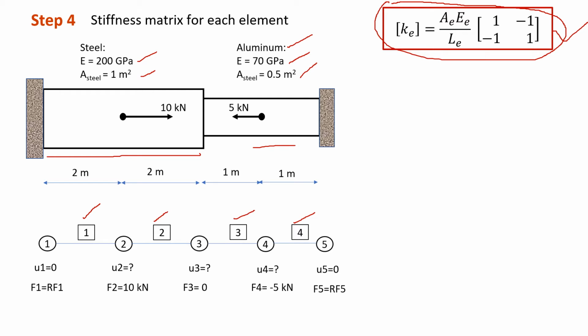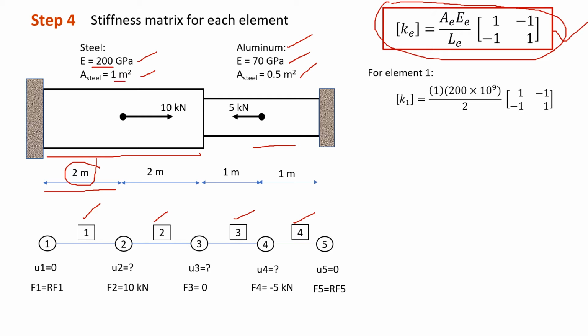For element 1, we know the length is 2 meter, the E is 200, and the A, cross-sectional area, is 1 meter square. So we replace into this equation A 1 meter, E 200 times 10 power 9, and L equal to 2 meter. Then we will obtain this value, 100.